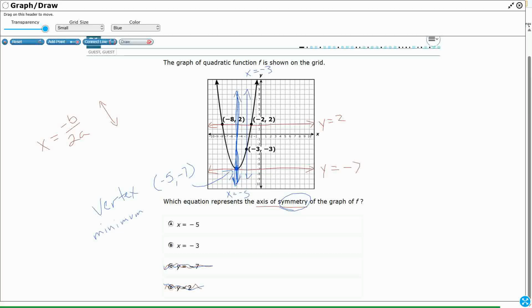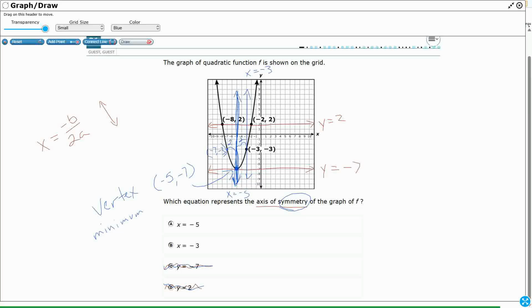If we were to fold this in half, you see that I've got a -3, 3 mapped right here. Right across from there is a -7, -3. So if we look at these horizontally, they are both 2 away. So -3 is 2 away from that -5, and that -5 is 2 away from that -7.